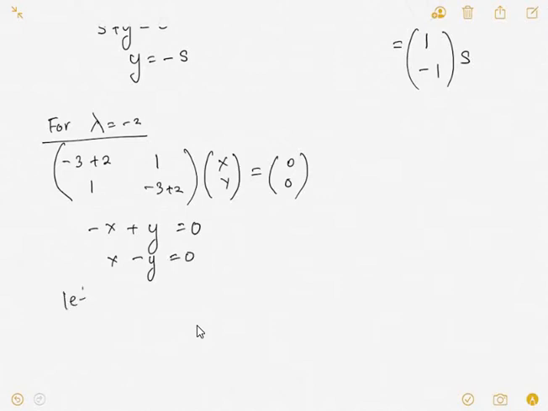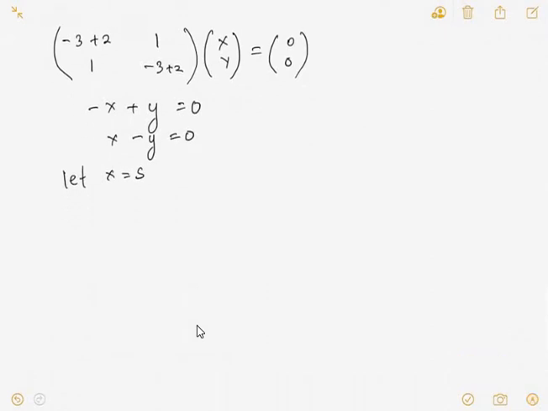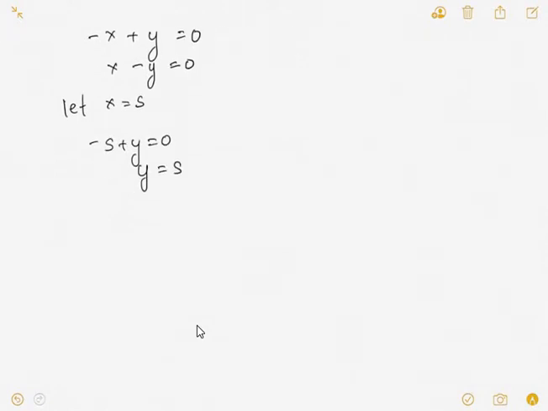Then you assume x is equal to s, and substituting, negative s plus y equals 0, so y equals s. Again, the eigenvector for lambda equal to negative 2 is x is 1, y is also 1, times s.